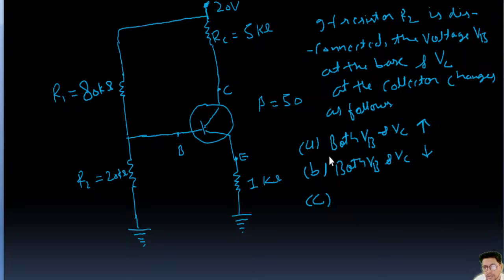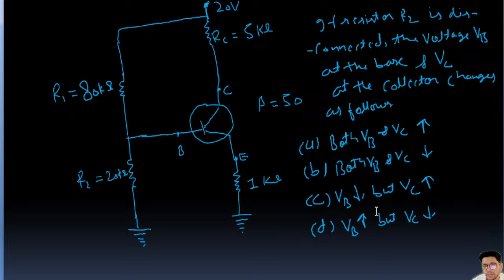Option C is VB decreases but VC increases, and option D is VB increases but VC decreases, okay. So we need to find which option is the correct one.